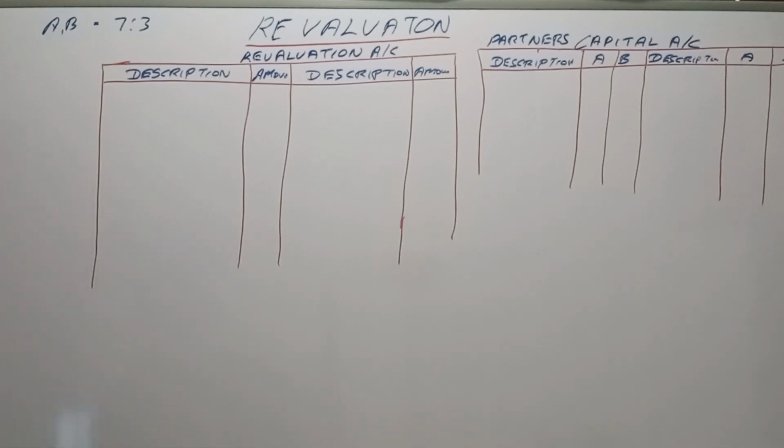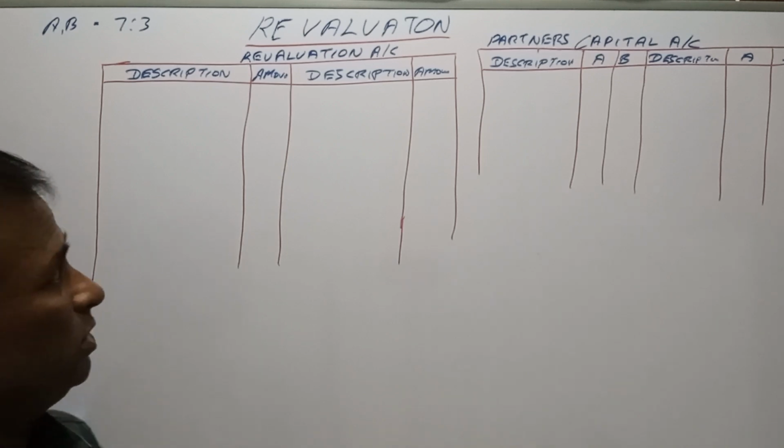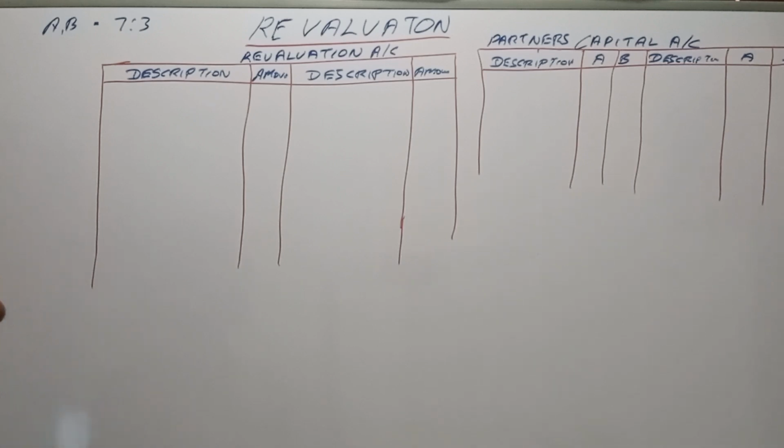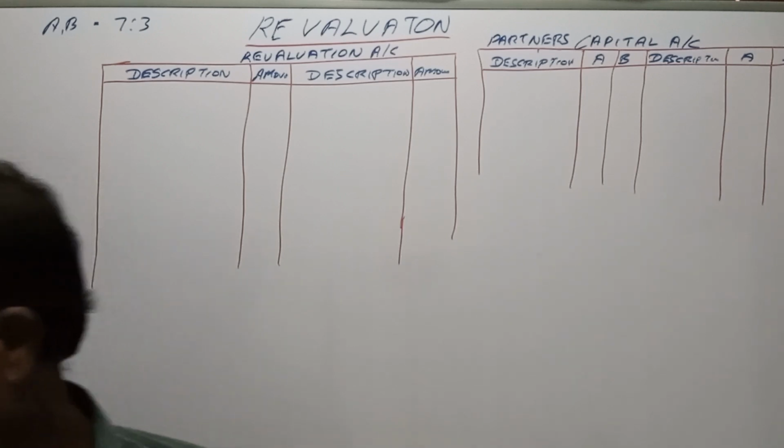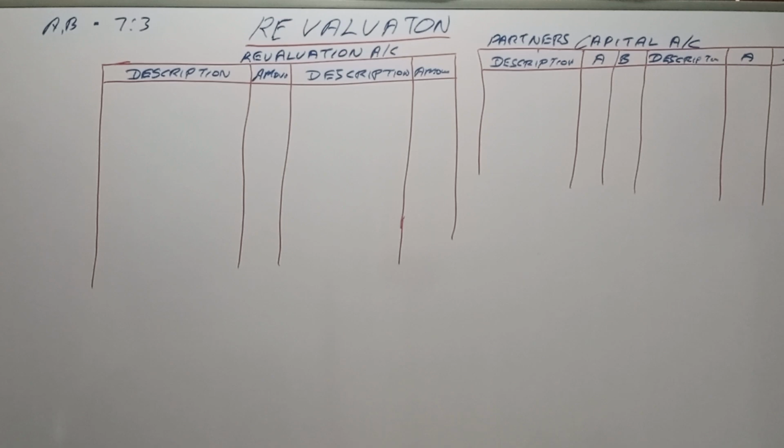And the following was the balance as on 31st March 2020. They have given the balance sheet here, they will give balance sheet only. On the above date the assets and liabilities are to be revalued as follows.